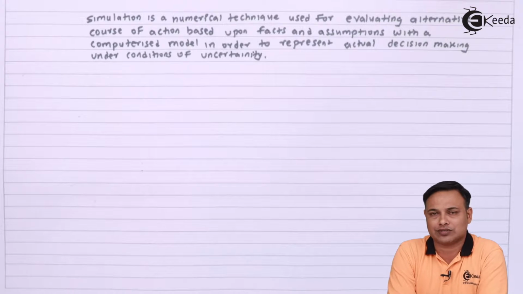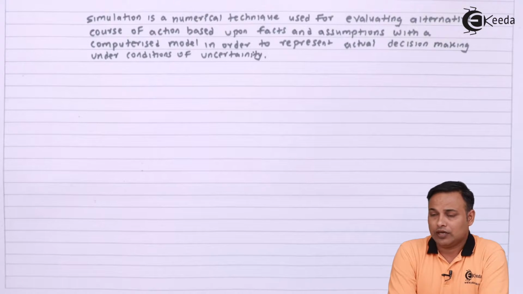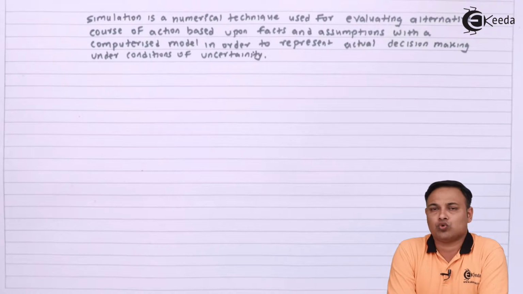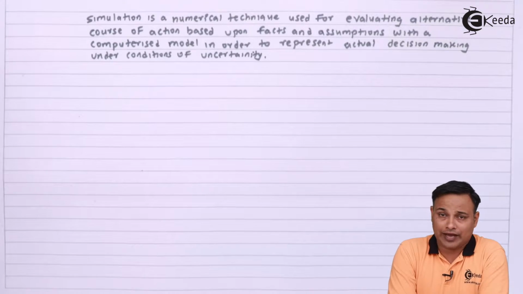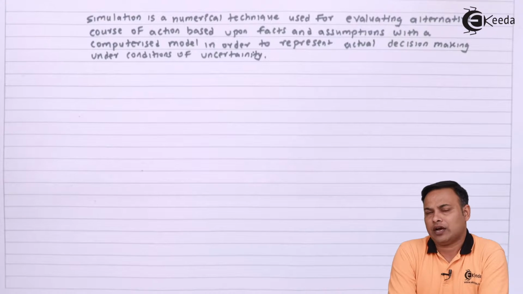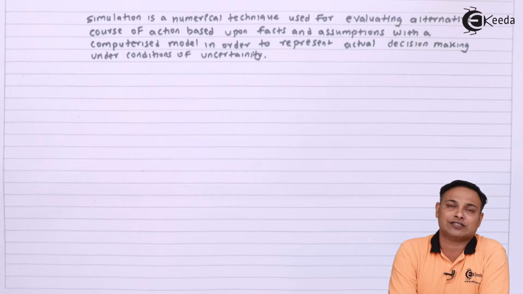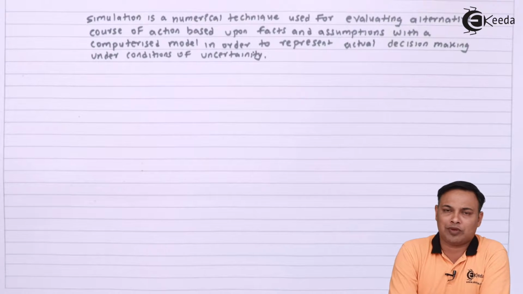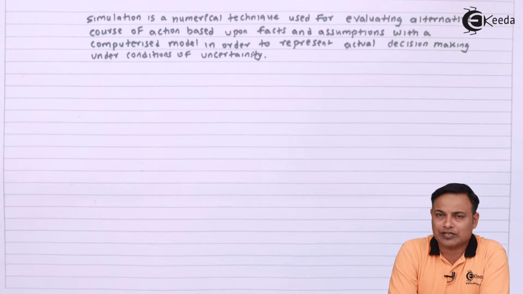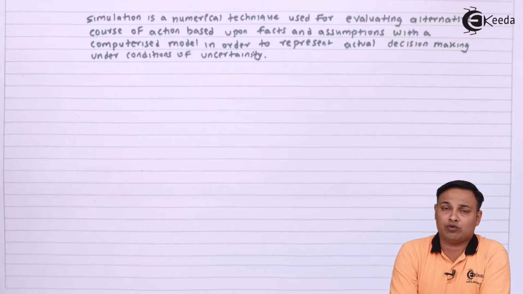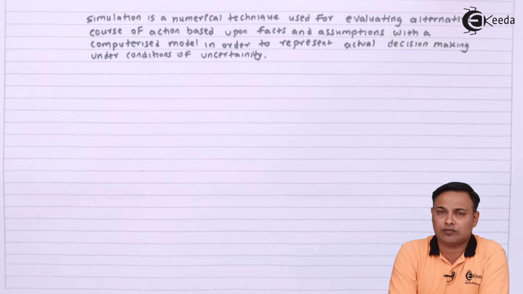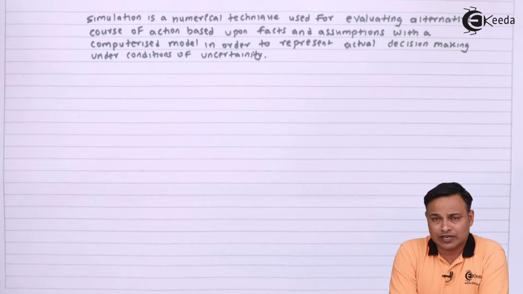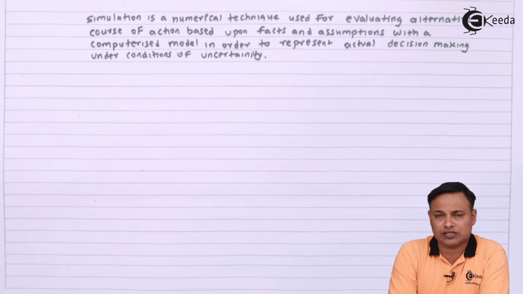realities and certain assumptions. So next thing is, it is based on a computerized model in order to represent actual decision making under conditions of uncertainty. So when things are not certain, I may like to know the number of people who might like to visit my shop, the number of people who might actually buy the product from my shop, the number of students who may pass a particular exam, the weather conditions in a particular situation or a season.